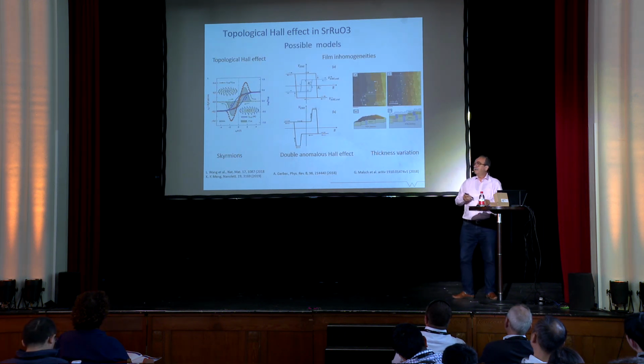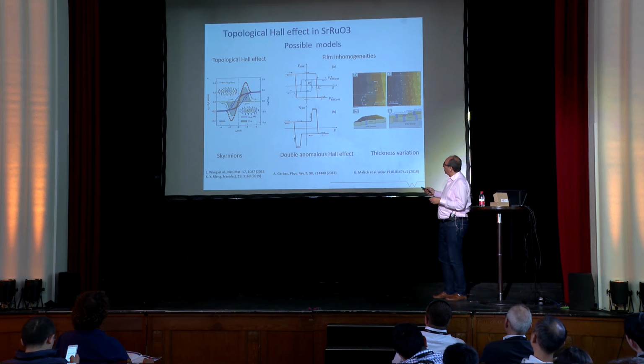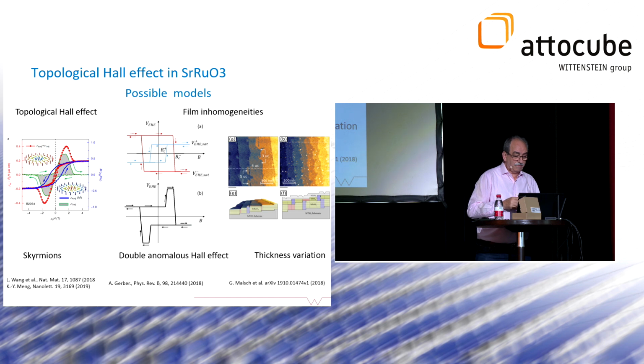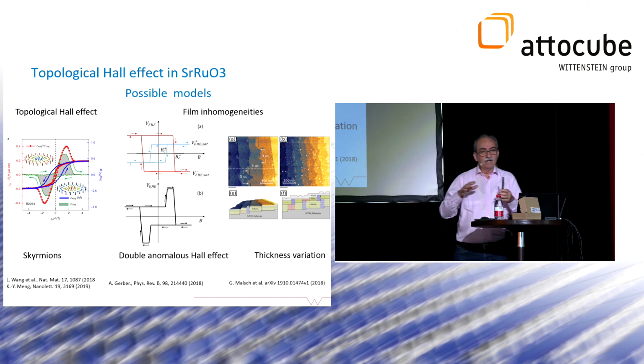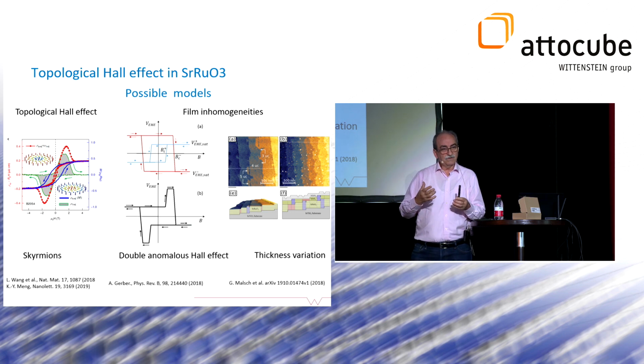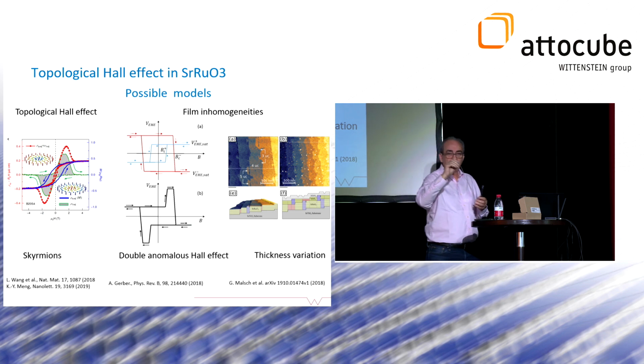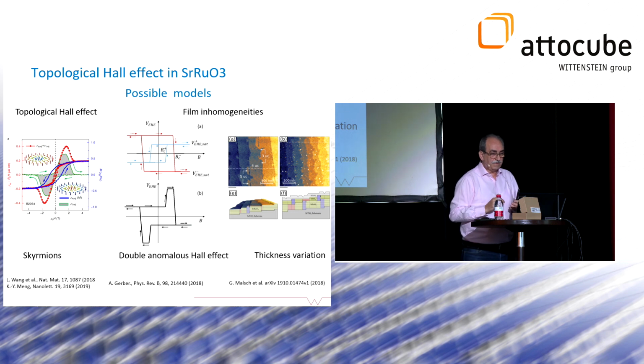At the same time, another work showed that this topological Hall effect can actually be induced by inhomogeneities in the strontium ruthenate film, so it occurs only at a very particular thickness of the film.